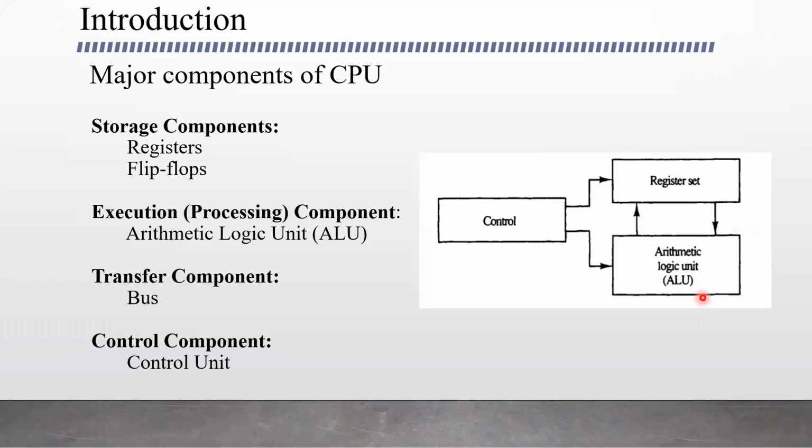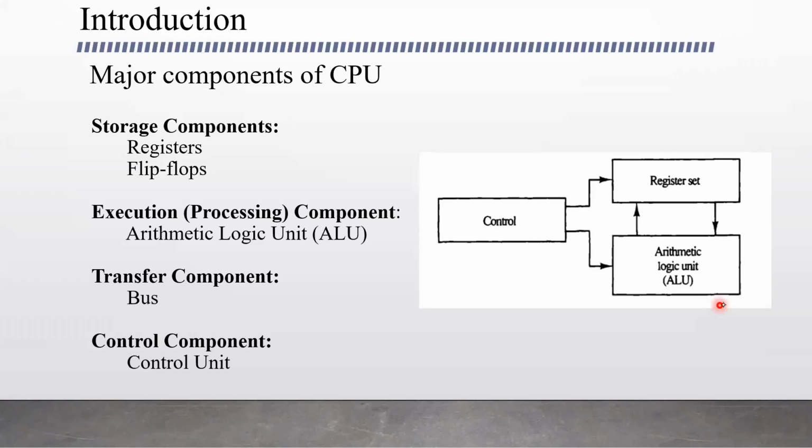The arithmetic and logic unit performs the required microoperations such as arithmetic and logic operations, and in some cases shift operations are also included in the ALU, so we call it the arithmetic, logic and shift unit. It performs all these operations, arithmetic, logic and shift microoperations, to complete the process.